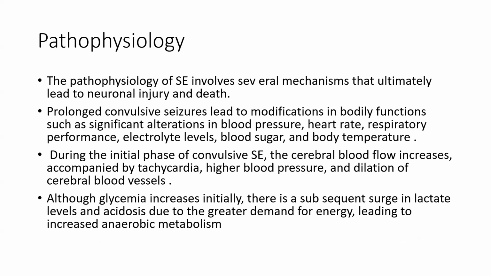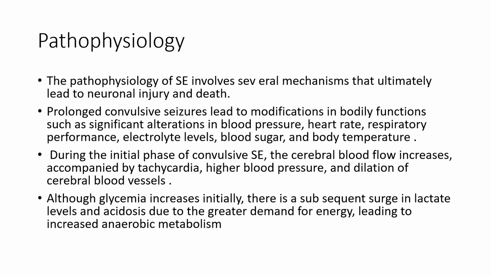So pathophysiology. Pathophysiology of status epilepticus involves several mechanisms that ultimately lead to neuronal injury and death. Prolonged convulsive seizure leads to modification in bodily functions such as significant alteration in blood pressure, heart rate, respiratory performance, electrolyte level, blood sugar, and body temperature.